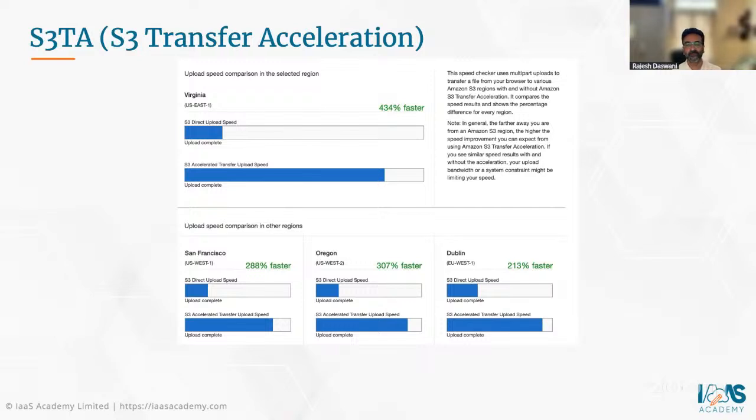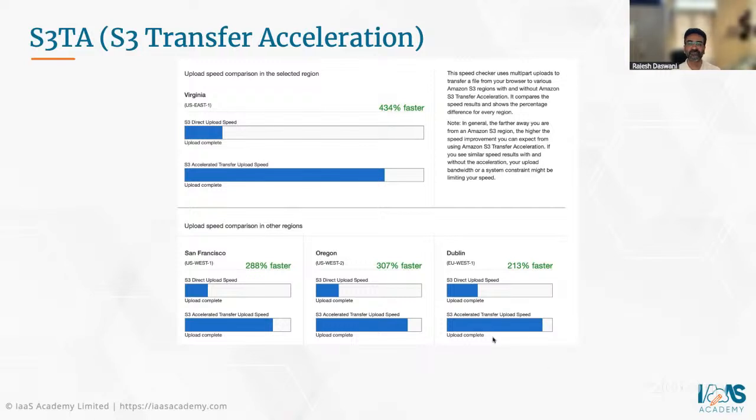With transfer acceleration, when you upload your objects, you upload them via a transfer acceleration endpoint. That endpoint is sitting at the closest edge location to your location. So when you perform an upload using transfer acceleration, it connects to the closest edge location and uploads via that edge location, which ultimately goes over the AWS backbone network, which is a lot faster, with a lot more throughput, a higher bandwidth offering.